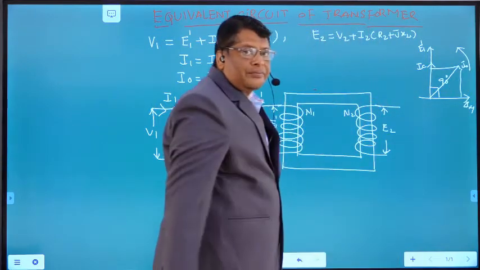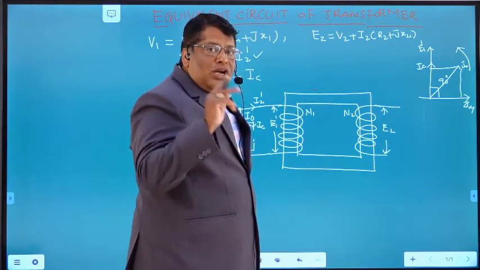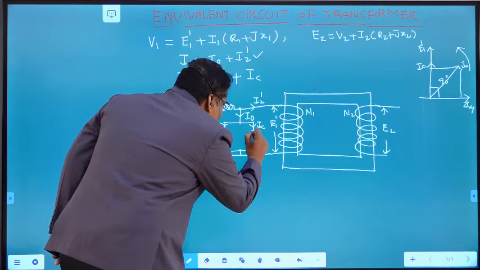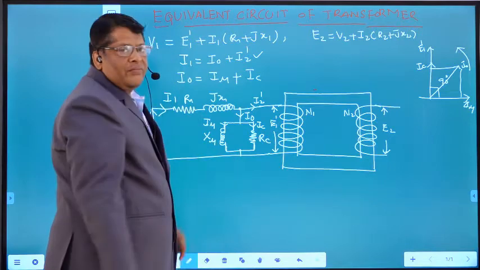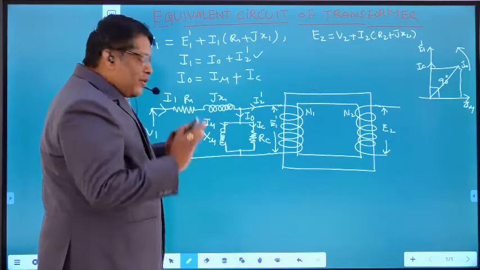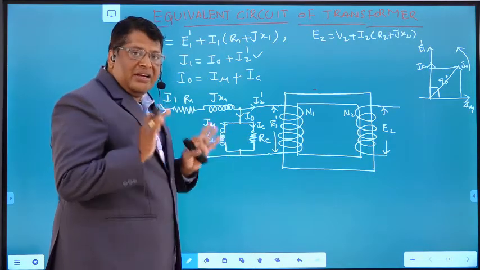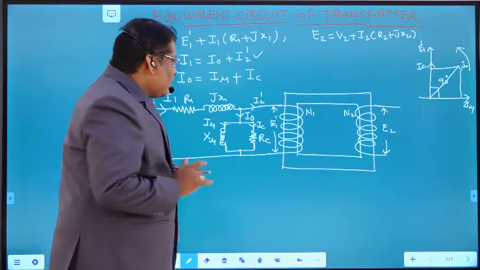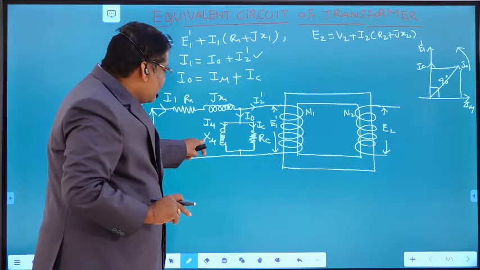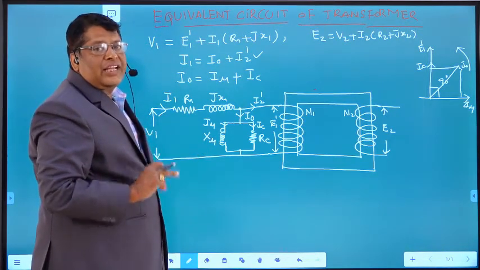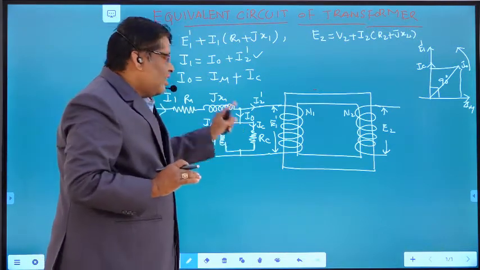In the phasor diagram, the angle between E1 dash and IC is possible only if you take a resistance in this branch, that is R suffix C. Try to understand here: the core loss occurs in a transformer, that we represent with a resistor RC, whereas the flux created in the transformer, we represent with the magnetizing reactance X mu. That we represent as an inductor, whereas the core loss we represent as a resistor.